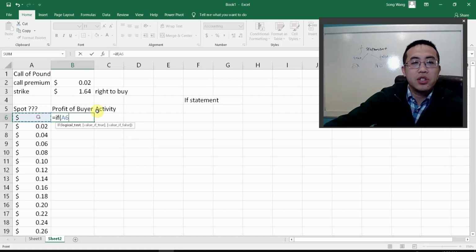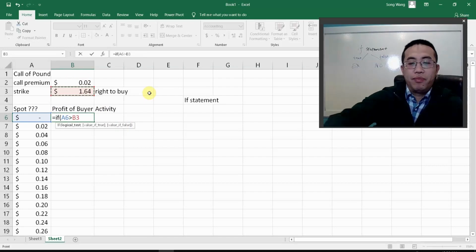So I'm going to use this spot rate. It is 0, I know it. And if this is greater than the strike, well, I know definitely it will not. So if whatever rate is here is true, then I will make the money.